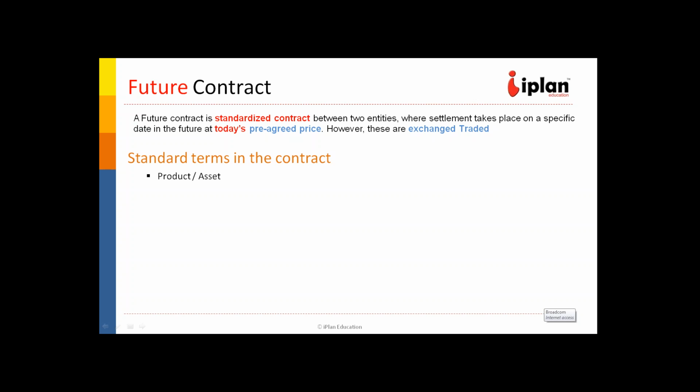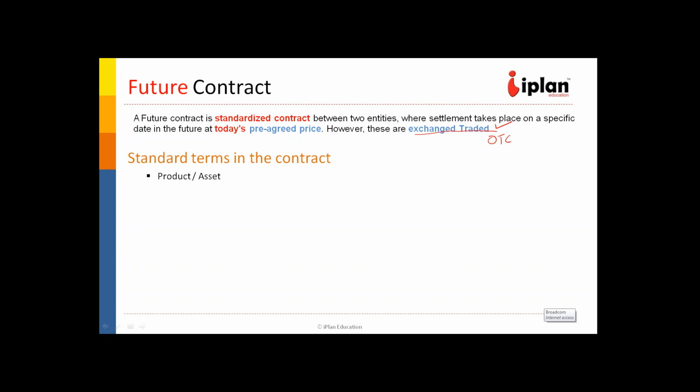Every contract is the same. Now again, same as the forward contract, the settlement takes place in the future. Same with the future contract also. And one difference here is that these future contracts are exchange traded, whereas forward contracts were over the counter traded.